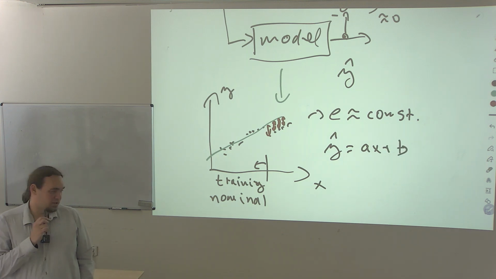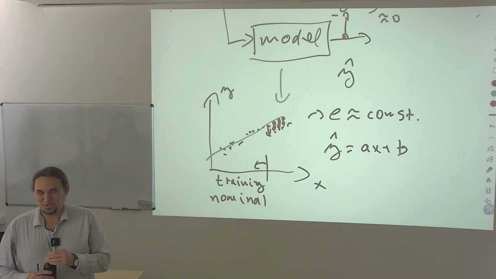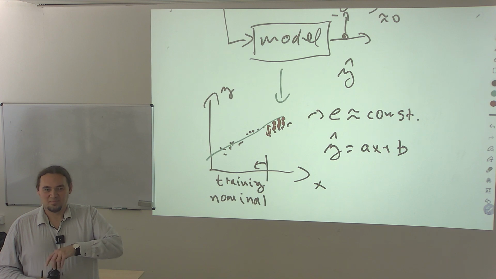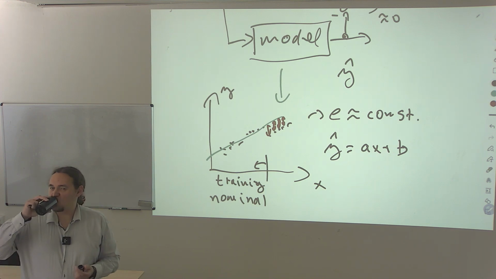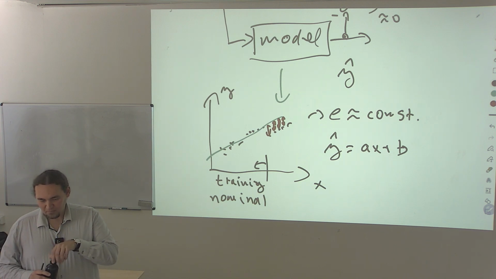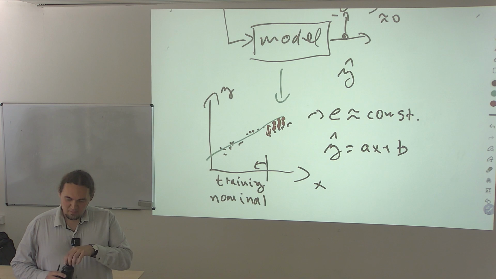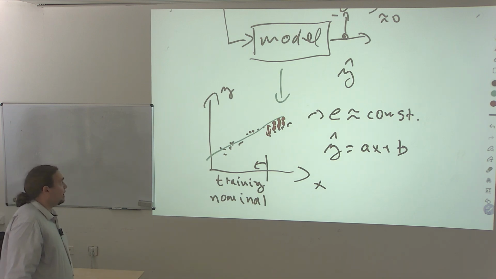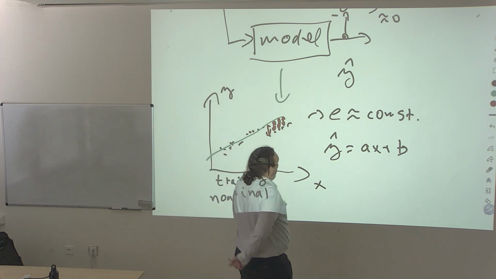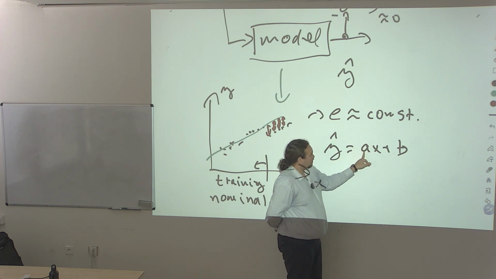What can we try to fix in our model to adapt to the new situation? We add minus the error. Yeah, subtract the error.